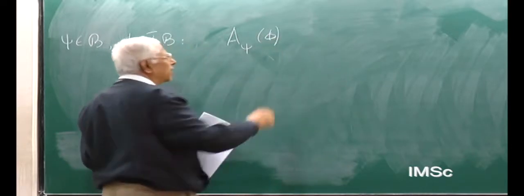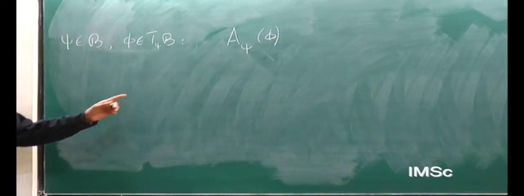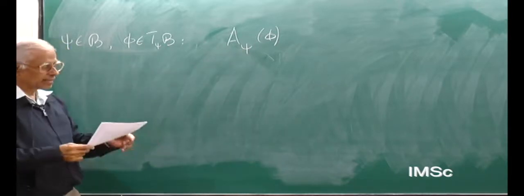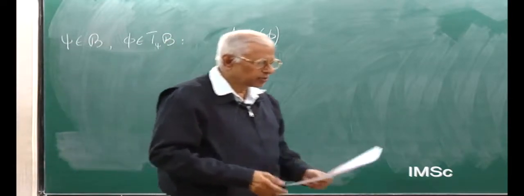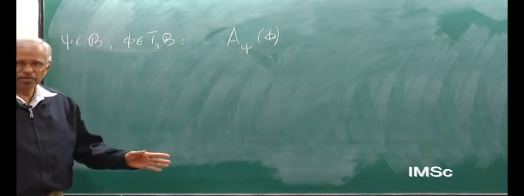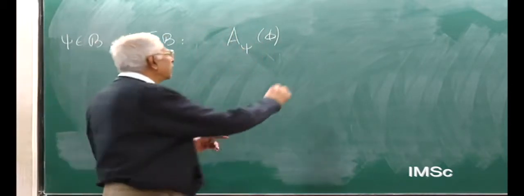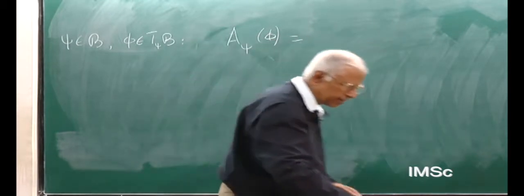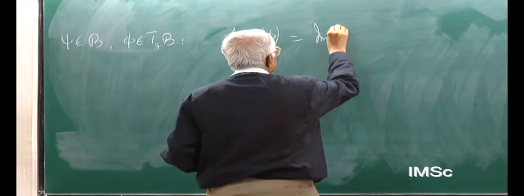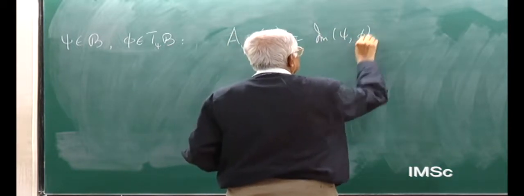The one form A at the point psi consists of a rule to map every tangent vector to a real number in a linear fashion. And for this particular thing, it is exactly equal to the imaginary part of psi phi.